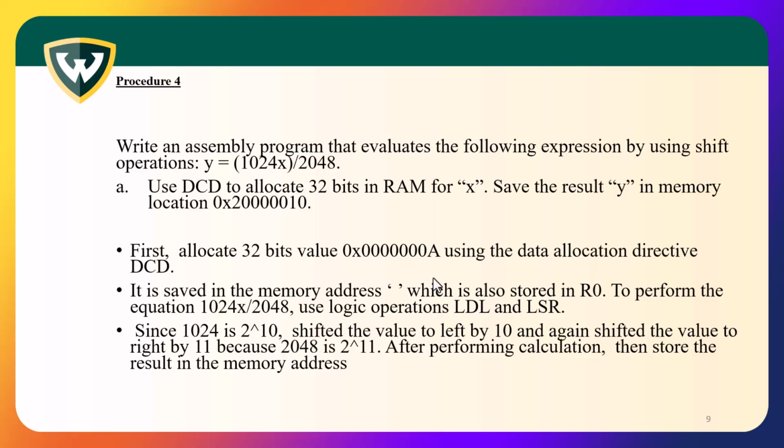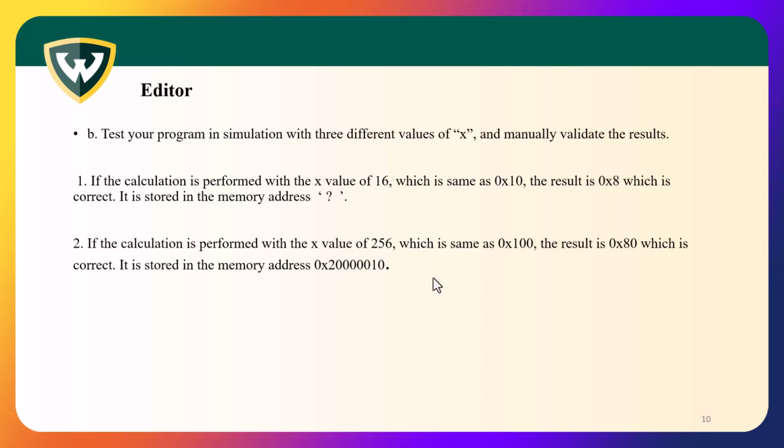Then you're going to answer all the questions and observe the registers, the memory window, and the disassembly window. You're going to write down everything with your observations and screenshots too. And then part B is to go to the simulation window and try different values of x.